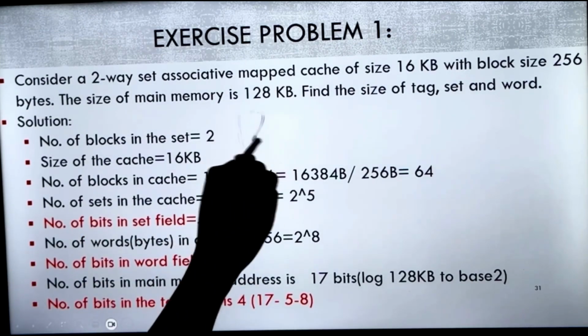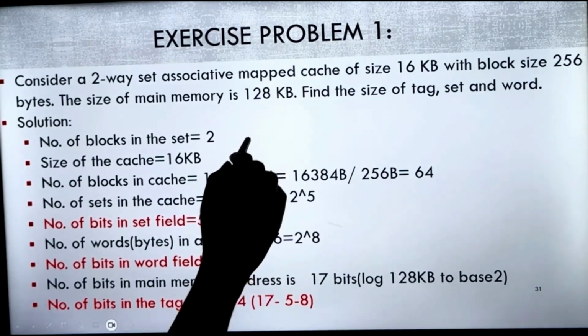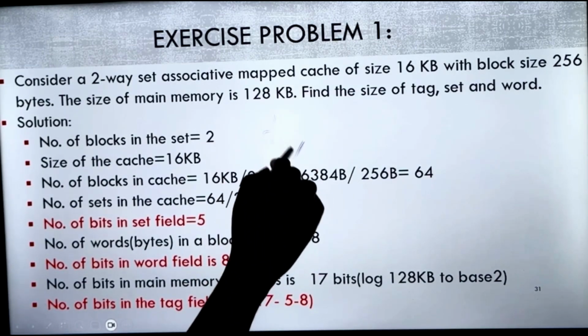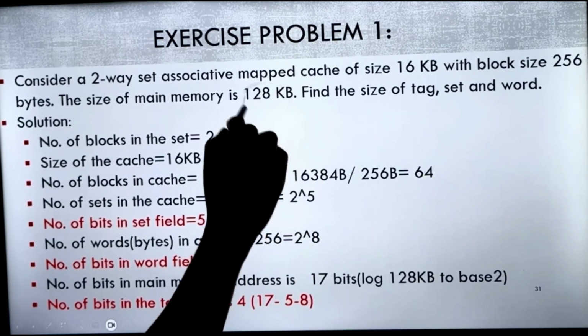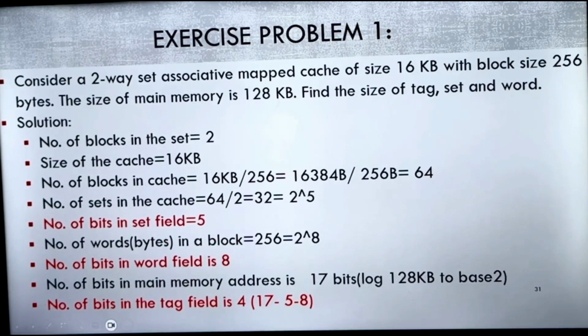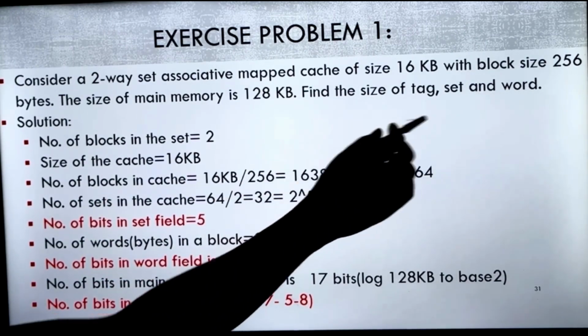Count it. 128 into 1024. So 128 is 2 to the power 7, 1024 is 2 to the power 10. So in total I need 10 plus 7, 17 bits to get any one of these words. So first thing we know is that there are 17 bits. Fine. So the address contains 17 bits.